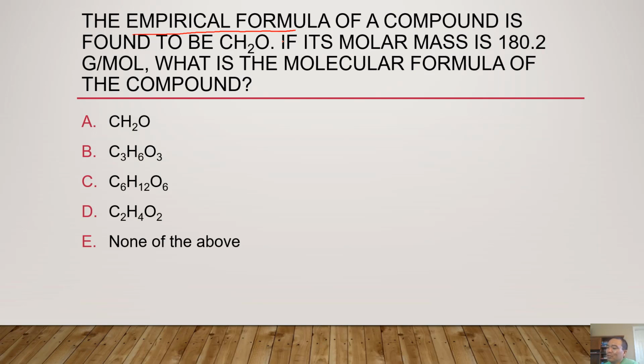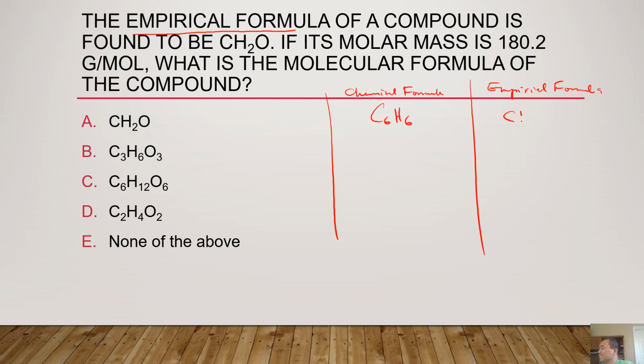As we know, for example, if the chemical formula is C6H6, the empirical formula would be CH, right?